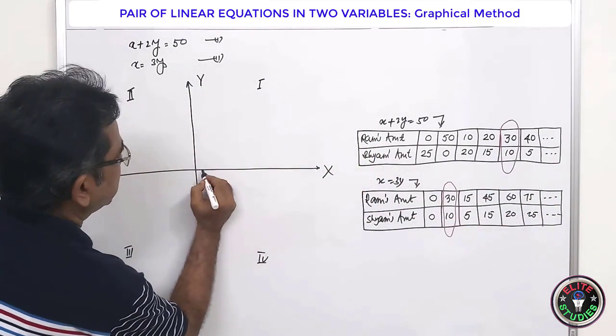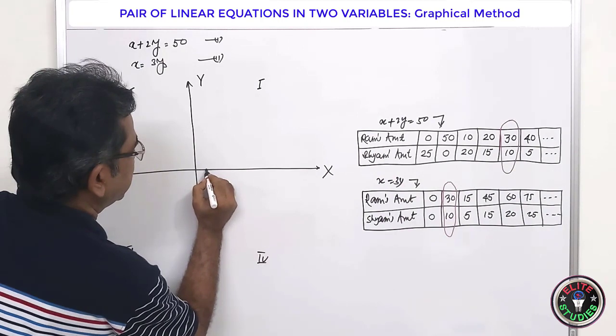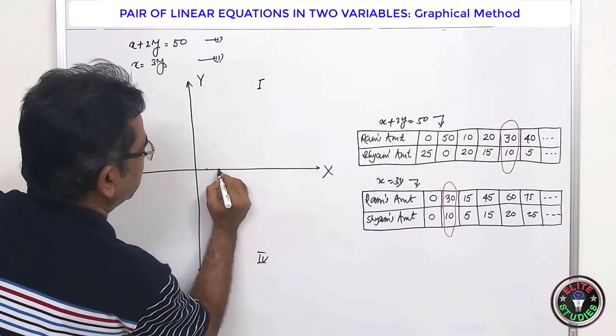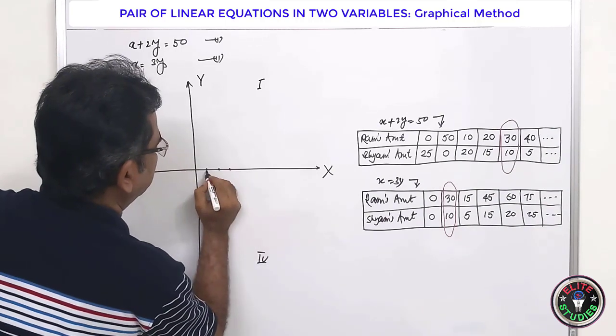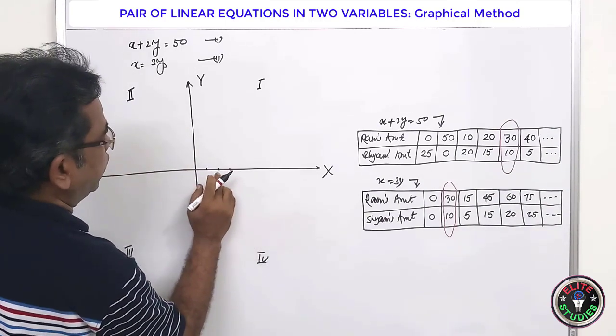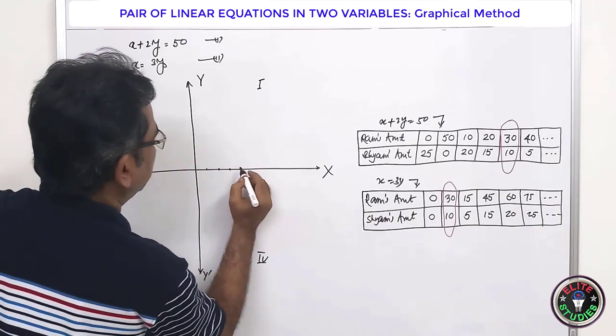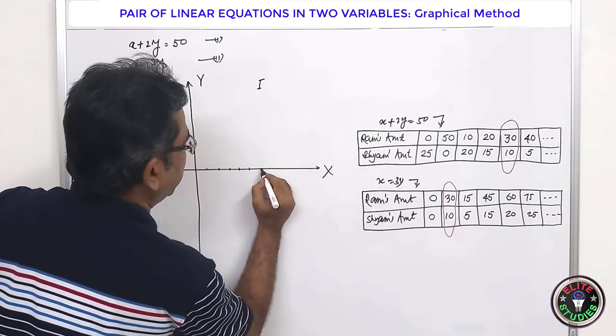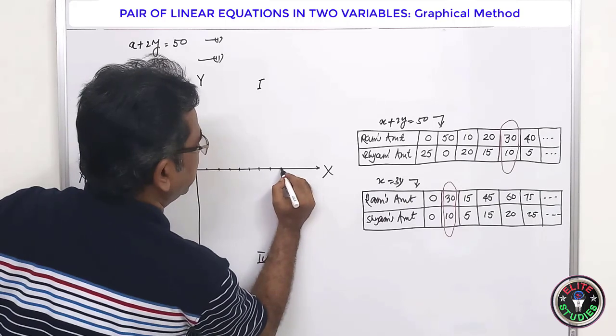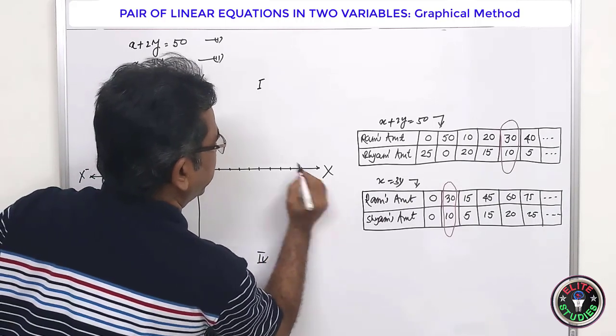Let us take equal spacing: 10, 20, 30, or you can take 20, 40, and so on up to 100.